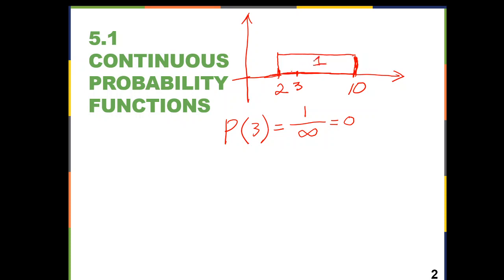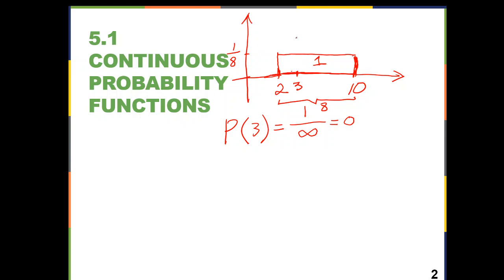The area of the rectangle is 1 unit. How can that be? Well, this right here is 8 units, from 2 to 10, 10 minus 2 is 8. Now we have to put a height over here so that when we multiply that height by this 8, we get 1. What times 8 is 1? Well, 1 over 8.